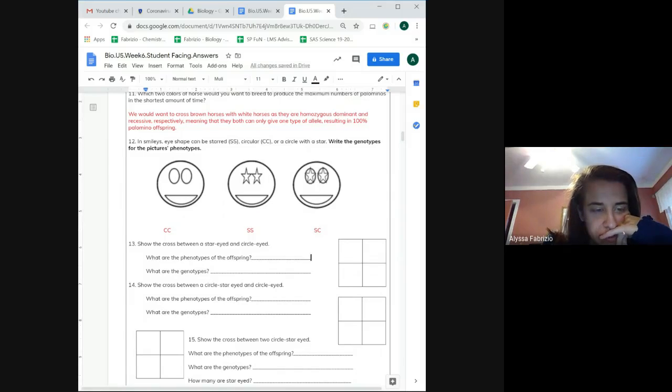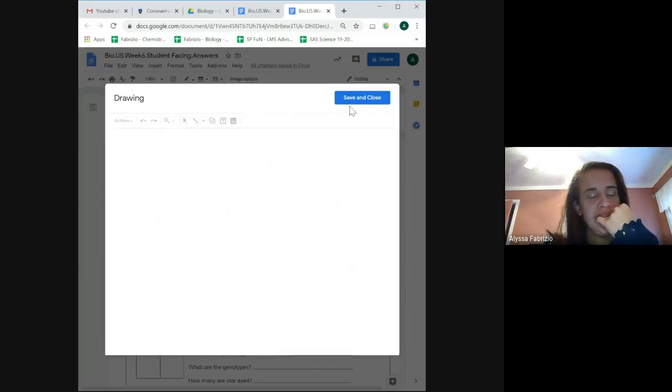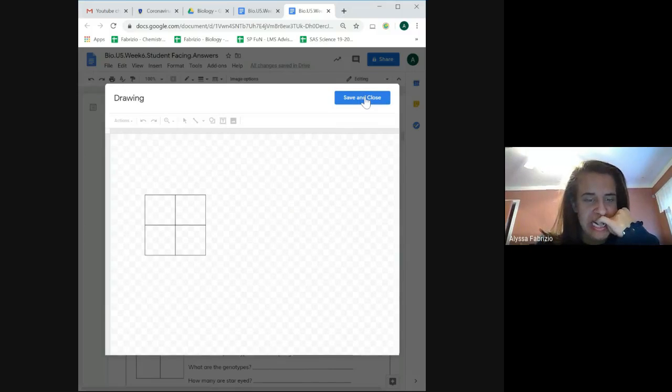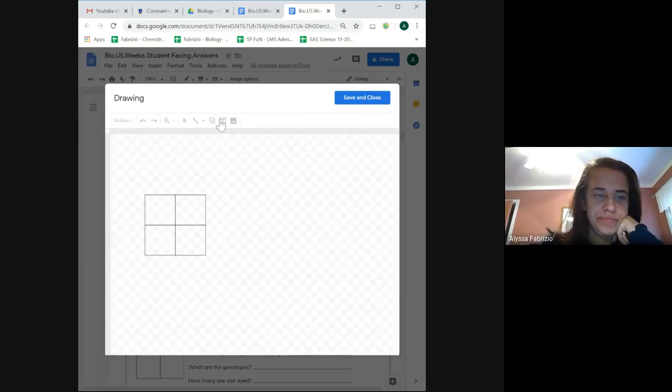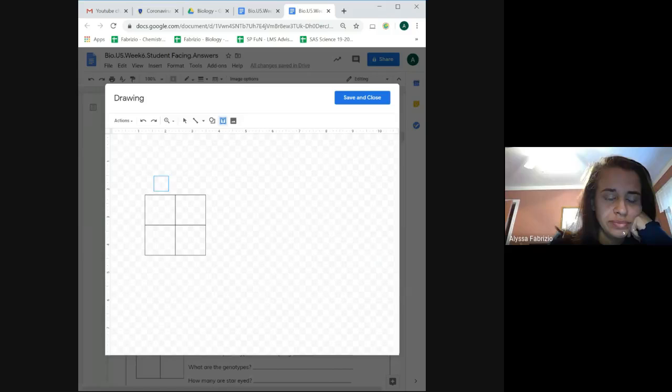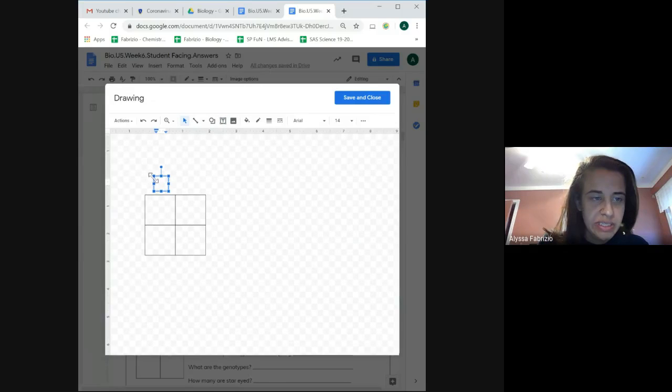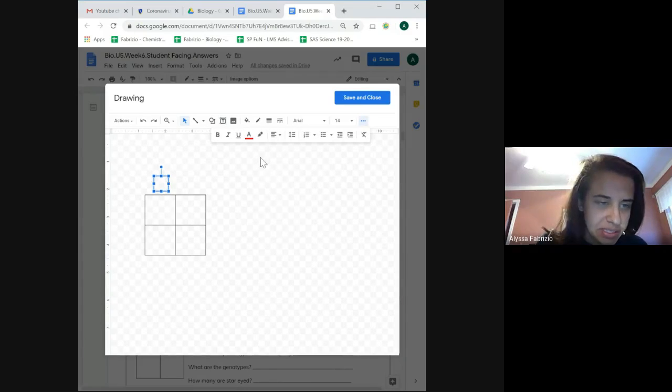Okay, so show the cross between a starred-eyed and a circled-eyed. What would be our result? With the star-eyed, we would see SS.